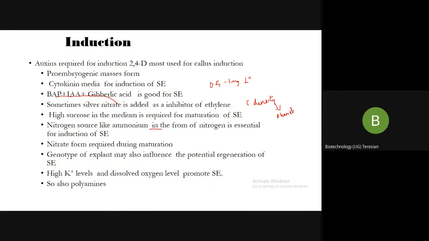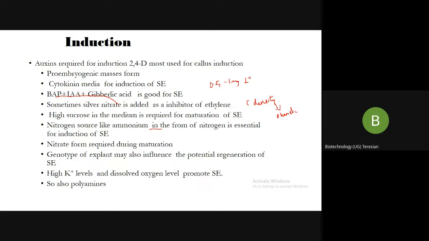So your high cell density can provide a high amount of phenolic compound which can inhibit the formation of the embryogenesis.